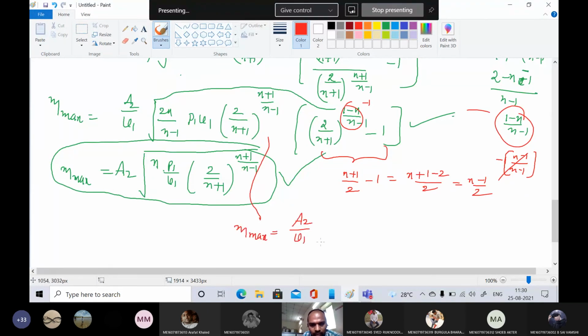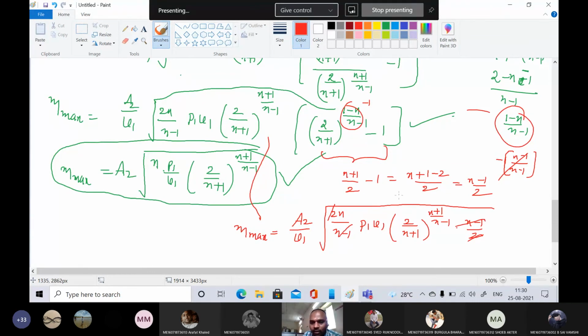a2 by v1 into square root of 2n by n minus 1 p1 v1 into (2 by n plus 1) whole power (n plus 1) by (n minus 1), into n minus 1 by 2. Agree? The whole thing will be n minus 1 by 2. Then 2 and n minus 1 will be cancelled.